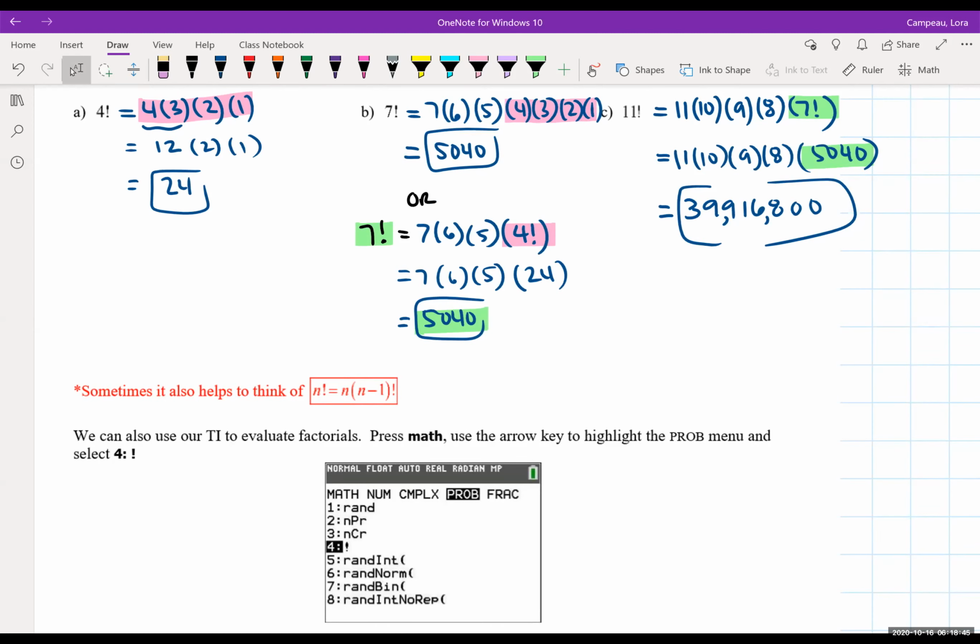So let me see. I think I wrote this down in your notes, but if I were to calculate 4 factorial, 7 factorial, and 11 factorial, a faster way to go is to use your math key. So let me switch back to your TI so you can see this.